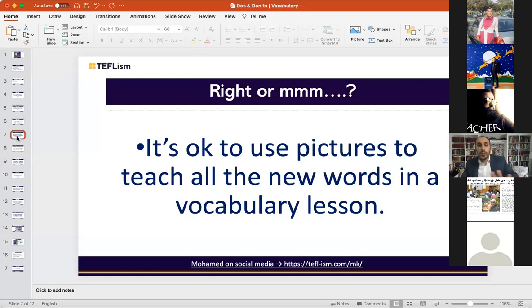It's okay to use pictures to teach all the new words in a vocabulary lesson. Fine, or no? You can go, up to you.